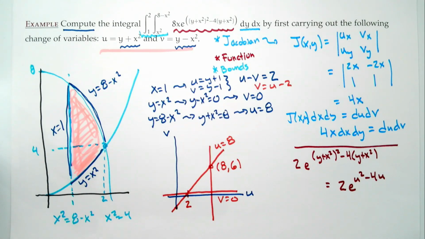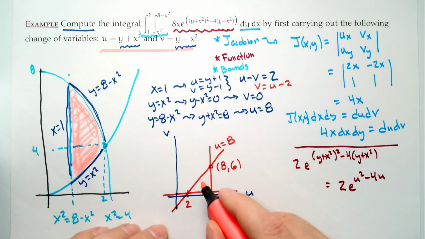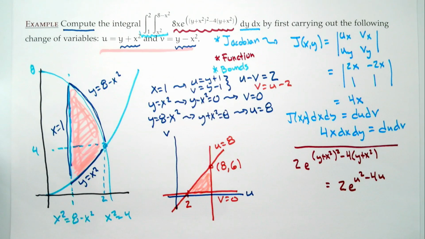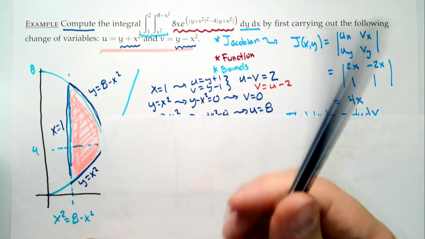I see that my region here translates into a triangular region there. I've also run out of space, even though I'm not done with the problem. But that's okay, we have paper technology. Let's see what we need to do. We need to translate this integral, so we'll make some notes here. All right, so we're going to get an integral.